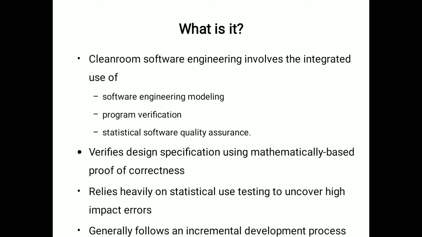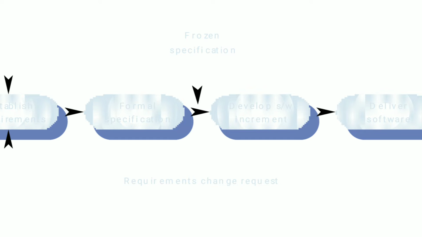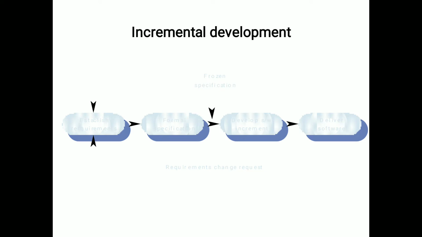It relies heavily on statistical use of testing to uncover high impact errors, and it also generally follows the incremental development process. You can see an incremental development process. So increment 1, increment 2, increment 3, increment 4, these are the incremental development process here.